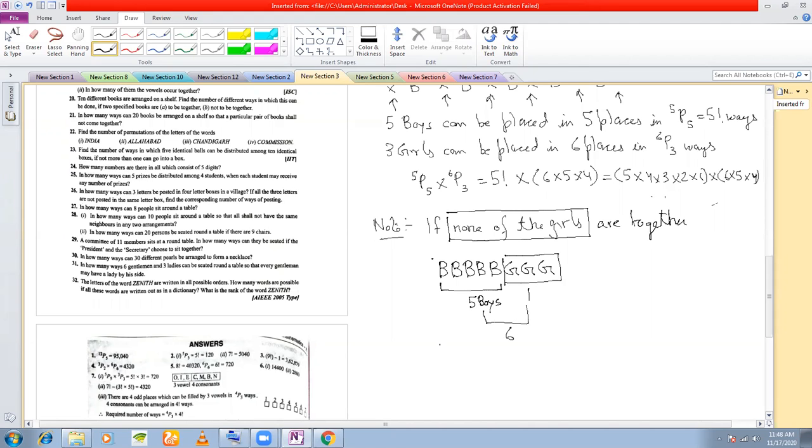The total comes to 6, right? So without any restriction, the boys and girls can be arranged among themselves in 6 factorial.